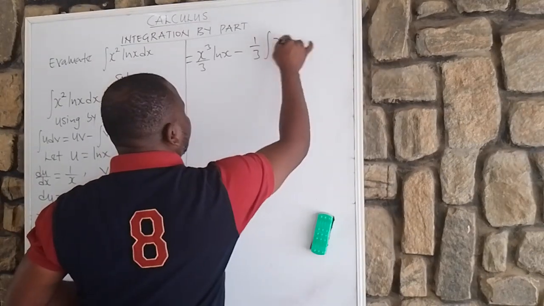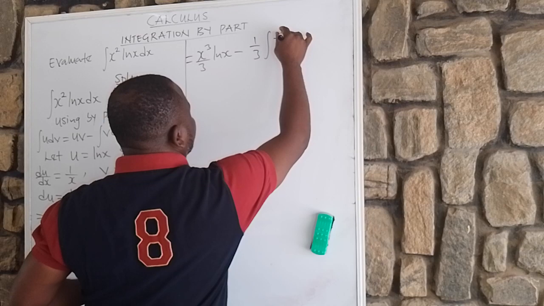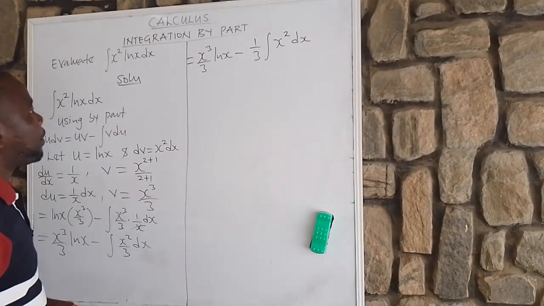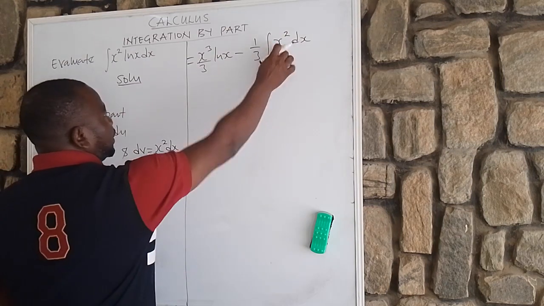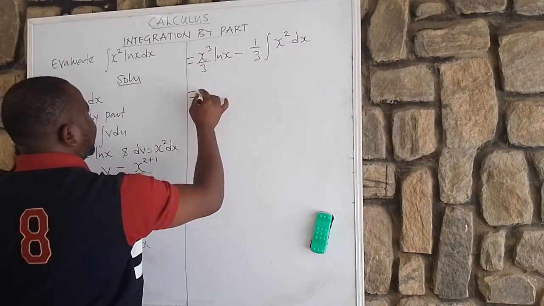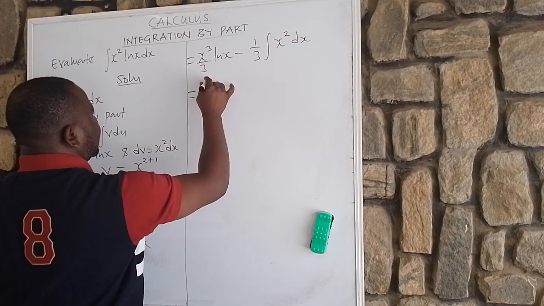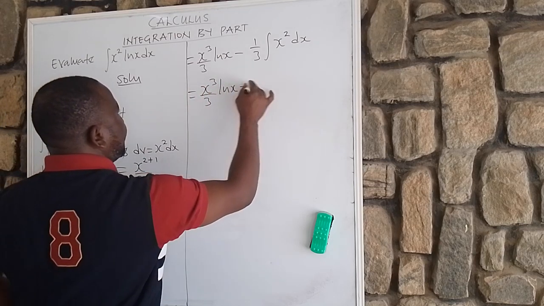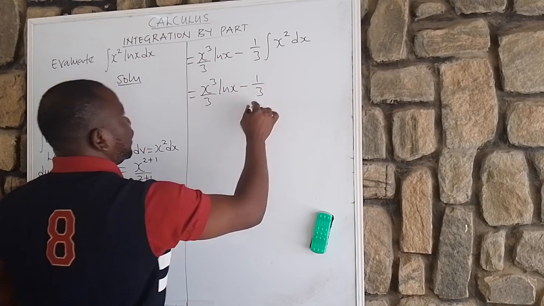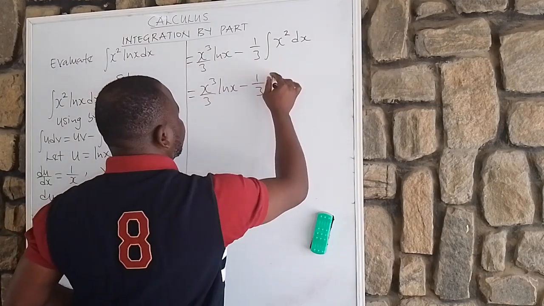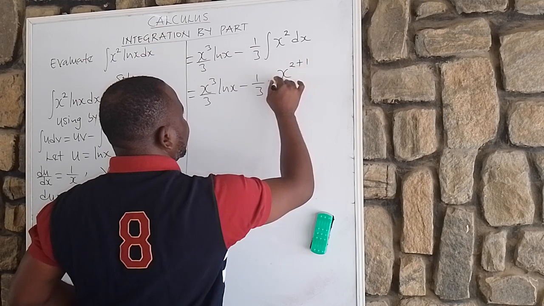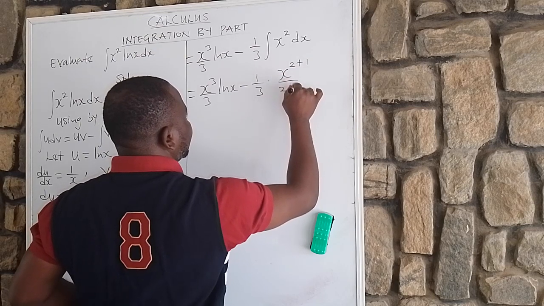Then we are going to have x raised to the power of 2 dx. So it means we are going to integrate this function. If we integrate this, we are going to have x raised to the power 2 plus 1 all over 2 plus 1.